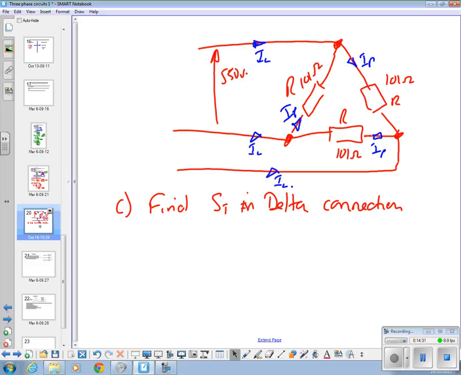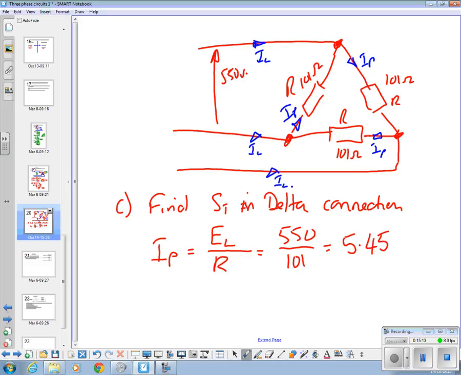So I phase is equal to E line over R. That's 550 over 101, which equals 5.45 amps. So they very much aren't the same.